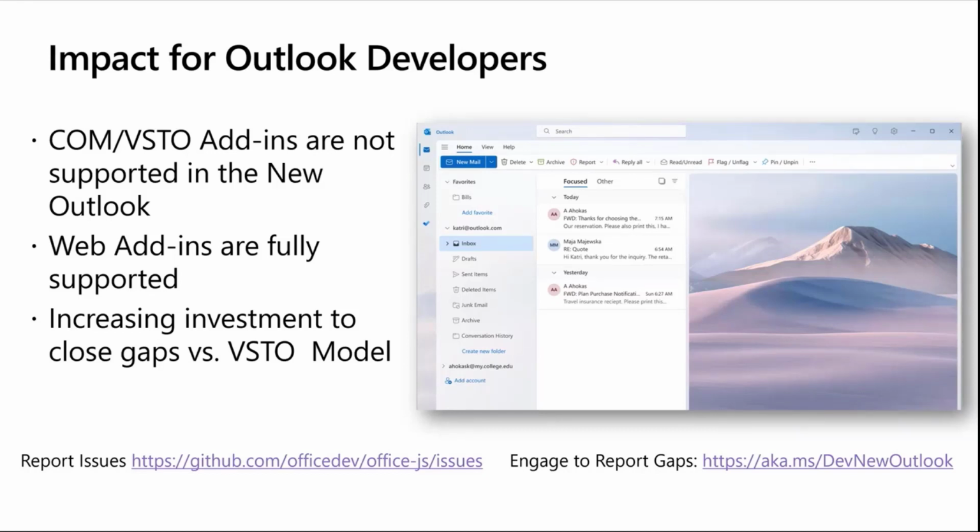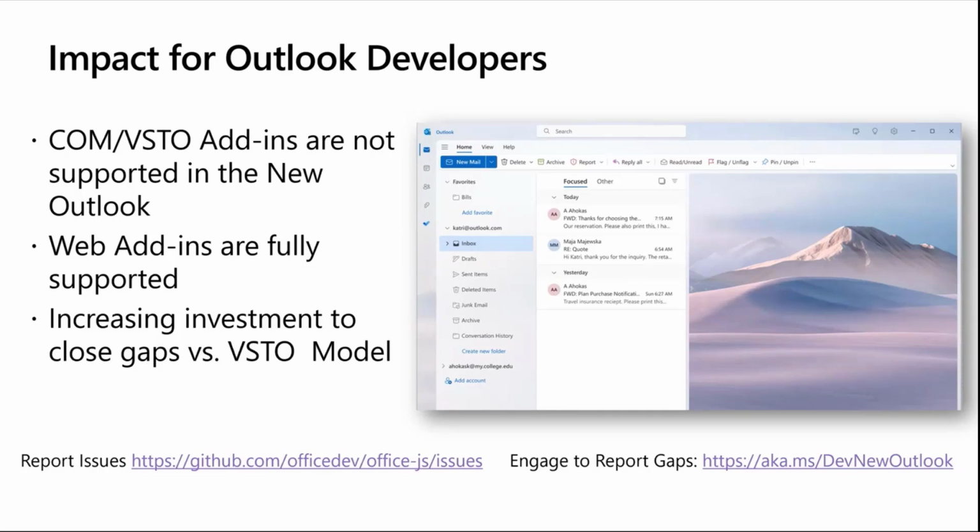My team is working with many of you who are on the call today. We have been investing a lot in the web add-in platform, but we are doubling down on the investment. We want to make sure that you have all the features that you need to enable your add-ins in the new Outlook. By the way, step zero of that was to just enable it.